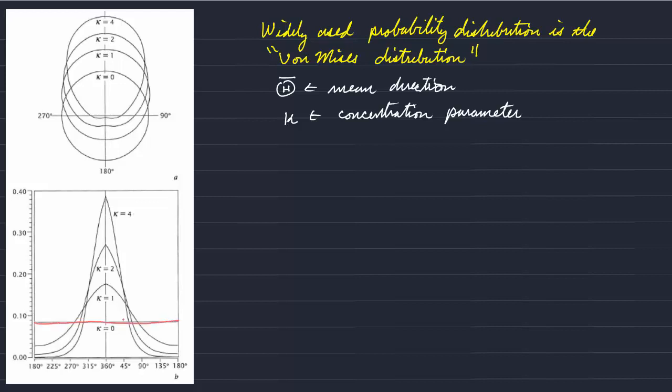Now, as the concentration goes up, let me write that down here. So kappa equals 0 means perfectly random orientations, and then as kappa goes to infinity, the concentration is very high. In fact, if kappa equals infinity, then the distribution approaches a uniform direction.